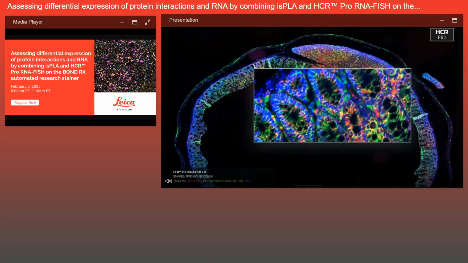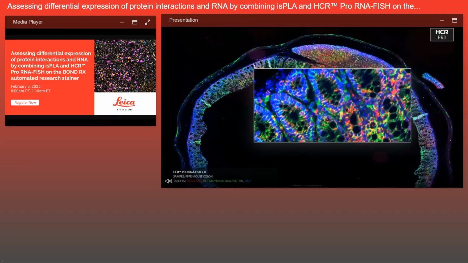And again, as mentioned before, using fluorescence instead of chromogenic is seamless. You just have to swap out that reporter. Any TSA-based, HRP or AP-based reporter can be used. In this image, you can see our membrane stain. This is a primary that we offer for users to do cell segmentation, and even for users who don't necessarily have a co-detection workflow in mind.